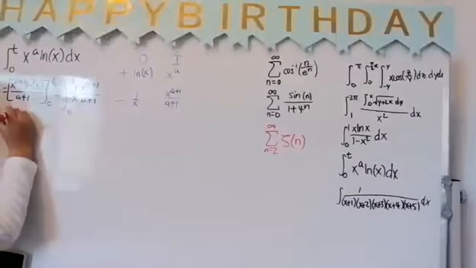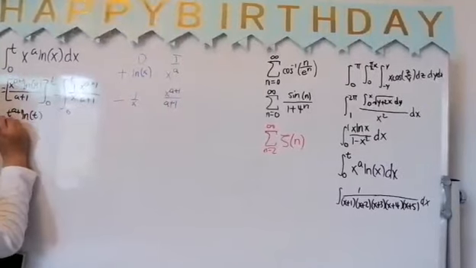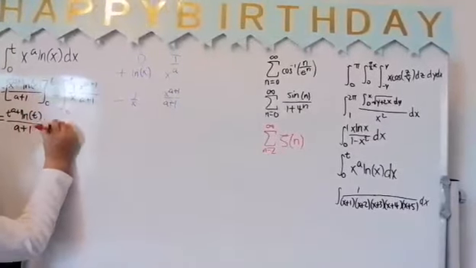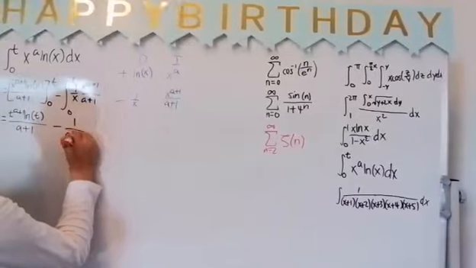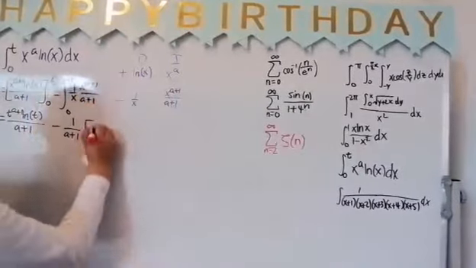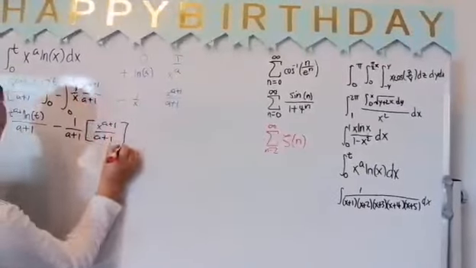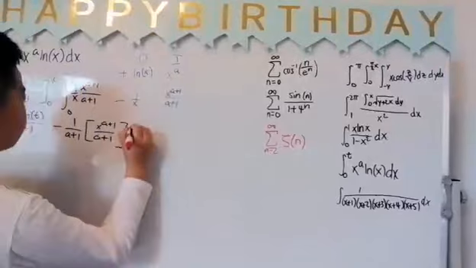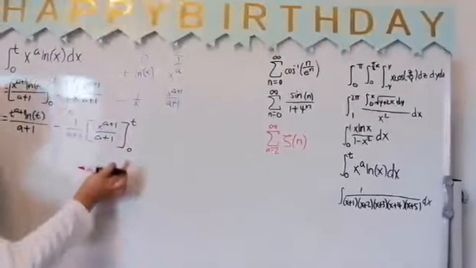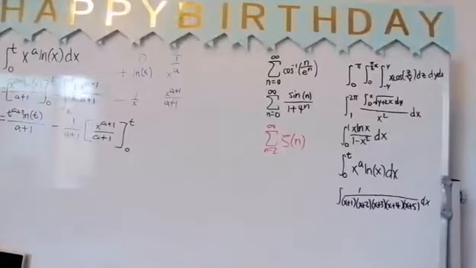We have this equals t to the a plus 1 times the natural log of t over a plus 1, minus 1 over a plus 1 times the integral of x to the a. We get x to the a plus 1 over a plus 1, again going from 0 to t. Plugging in 0, we just get 0. Plugging in t, we get something like that.